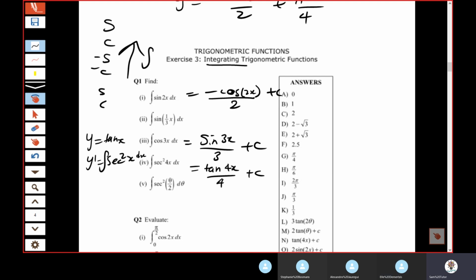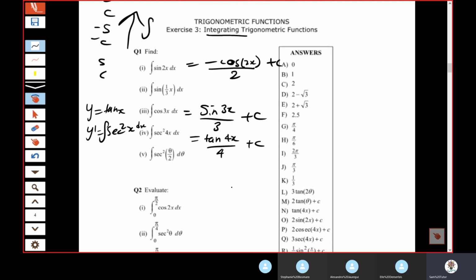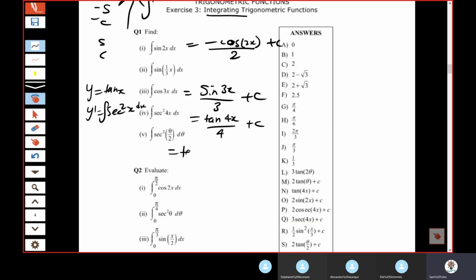So you just have to differentiate it and then divide by that still. Don't forget that. This one becomes tan theta on 2, all over the derivative of theta on 2, which is just a half, plus c. Division by a half is the same as multiplying by 2. So if you could have seen that, you should have written it more like that.